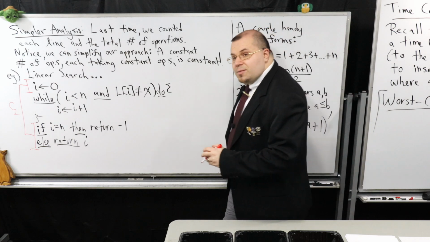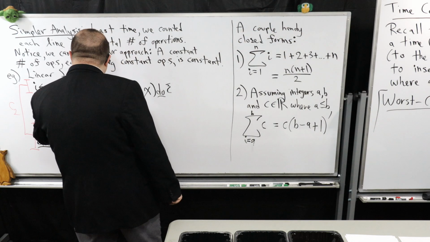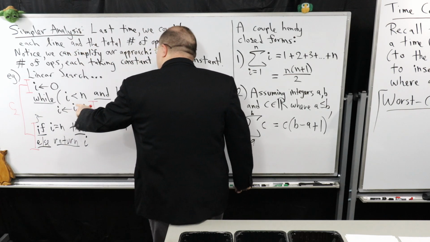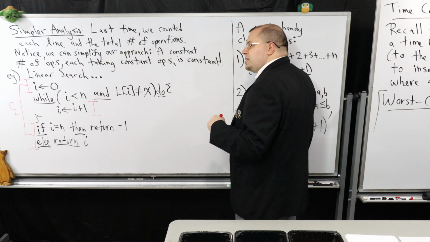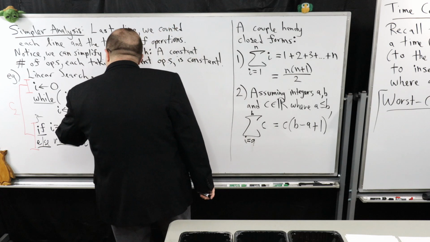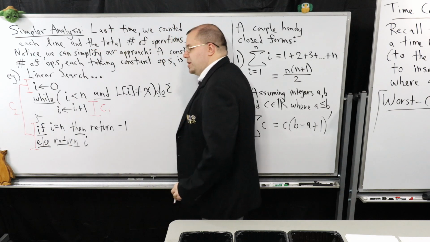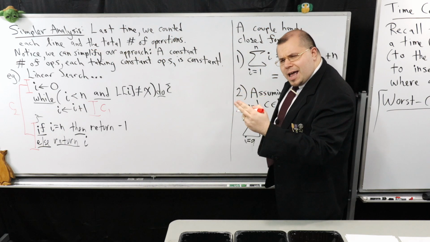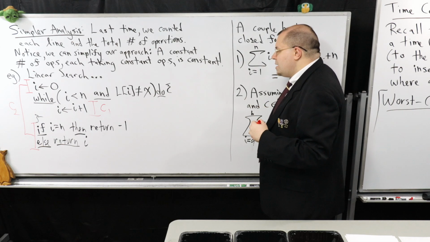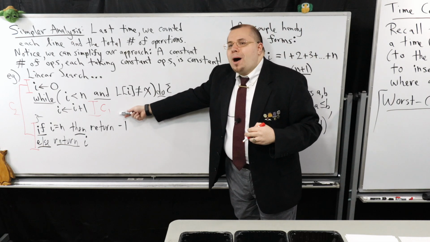Then, inside of my while loop, notice that I have this assignment where I assign i to be i plus 1. We know that that takes some constant number of operations to do. It's an addition and an assignment, right? But notice that this is inside of a while loop.